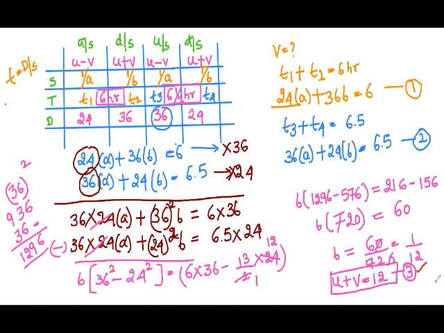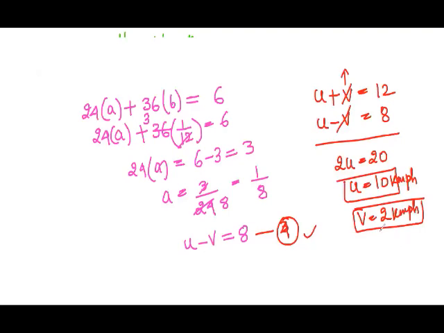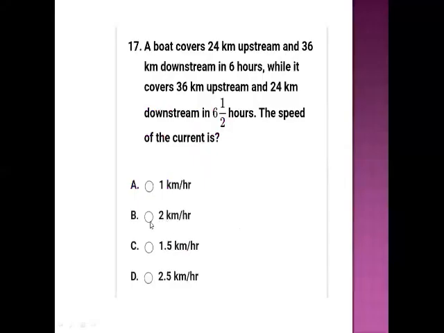Substitute here to get B, that is U minus V. You solve that and you will get it. You have to improve your skills in order to solve this question very fast. So the answer is 2 kilometer per hour.